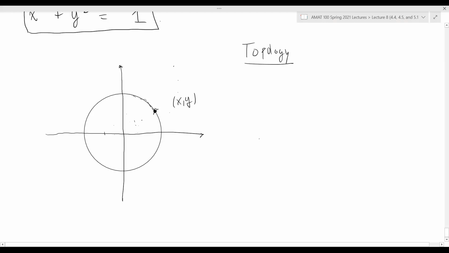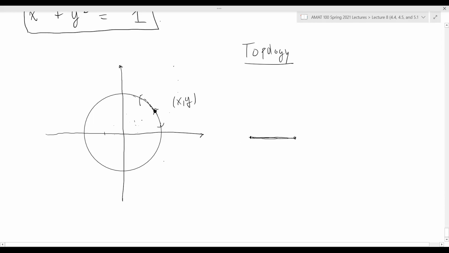Locally, it looks no different than just walking in a straight line, right? If you cut off this piece of the circle, looking at this arc and moving along it, and you kind of stretch it out, it just looks like you're moving in a straight line, maybe forwards or backwards. So locally, it looks like that.